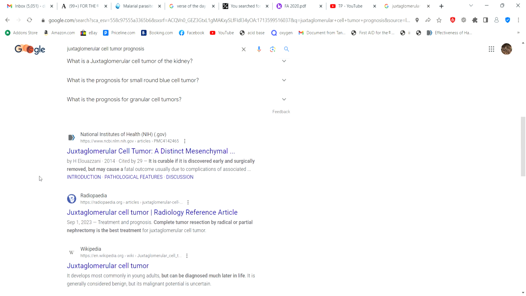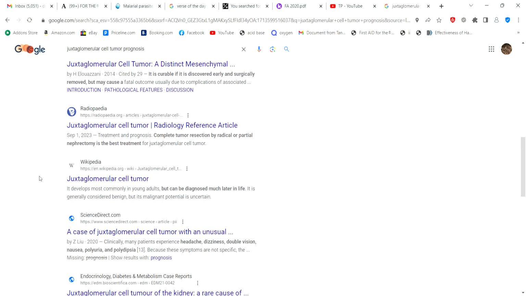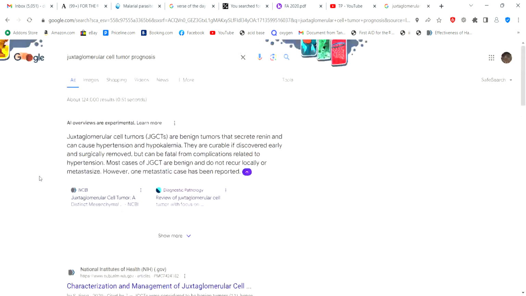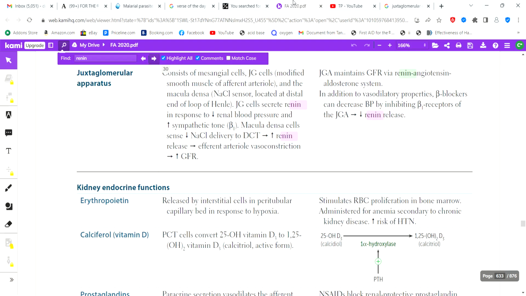Basically, if it's found early, it can be treated, but if the complications are really bad, that can kill you.